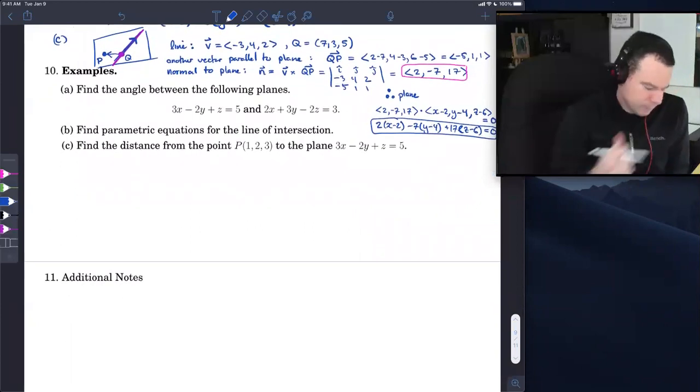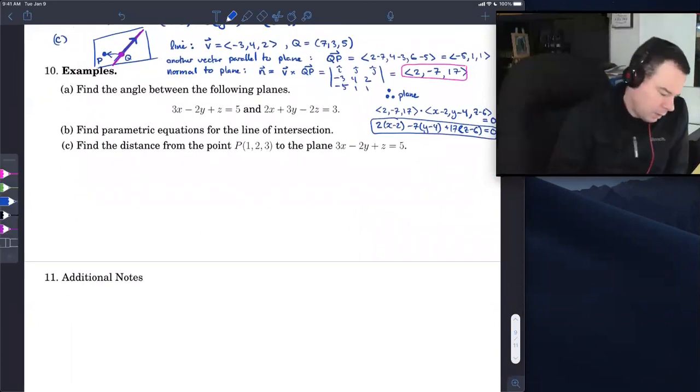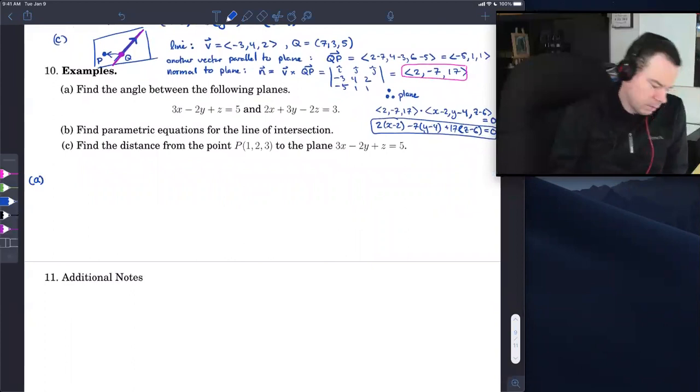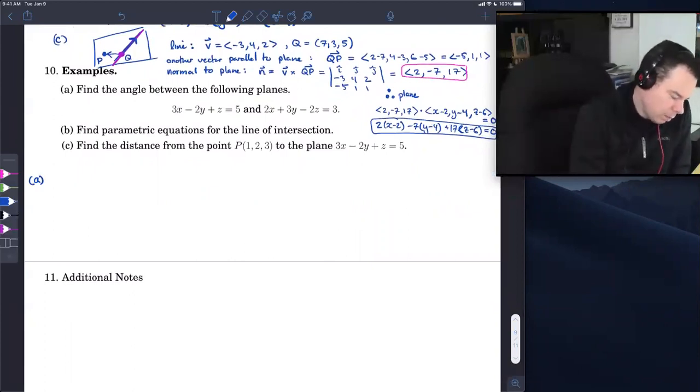Okay, now we're into these next examples. Let's find the angle between the following planes. So the idea with the angle between the planes is we've got a couple of planes here. I'll sketch them like this.